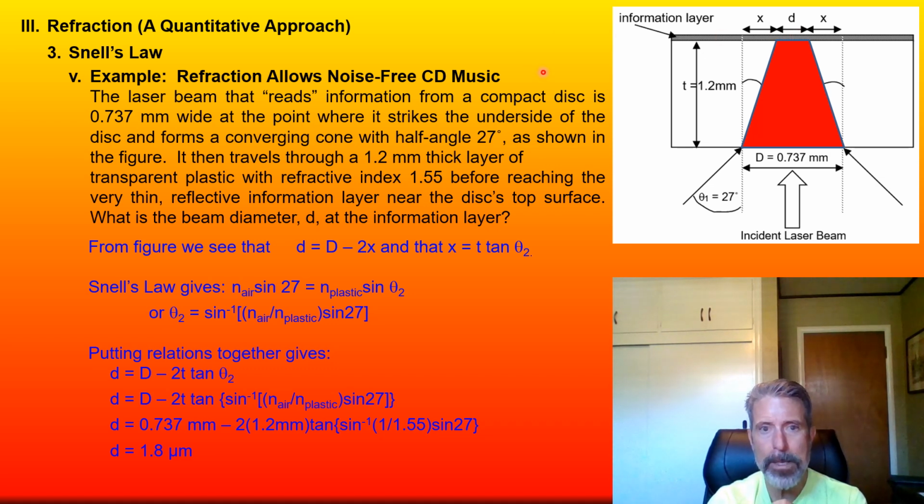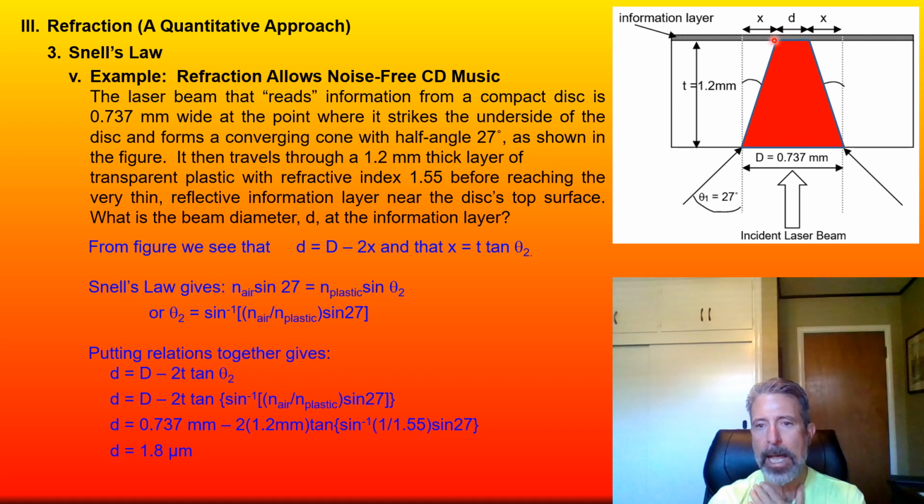This narrowing of the beam plays a crucial role in keeping CD music noise-free. If you think about it, the tiniest speck of dust would blot out information at the micrometer scale of the information layer.